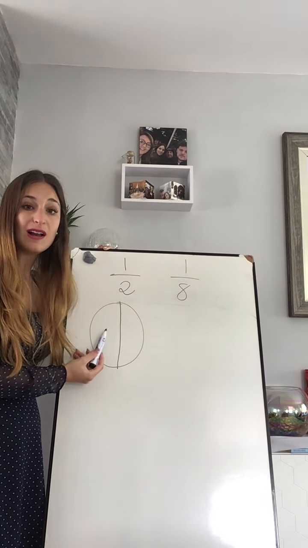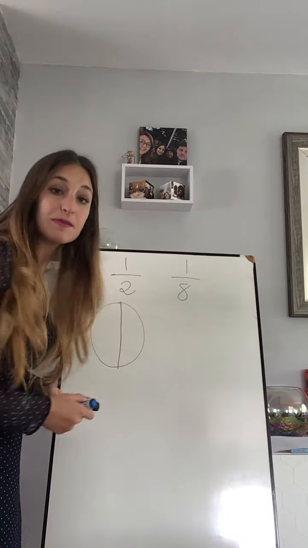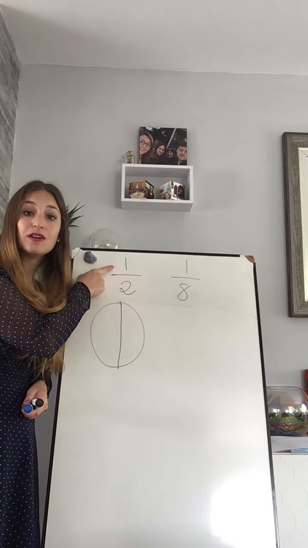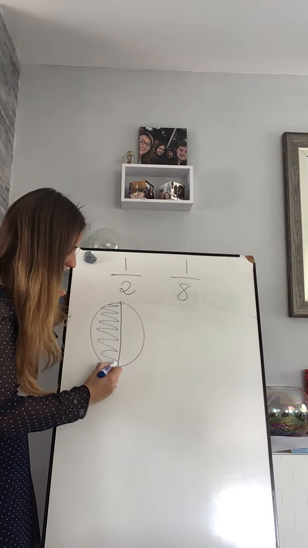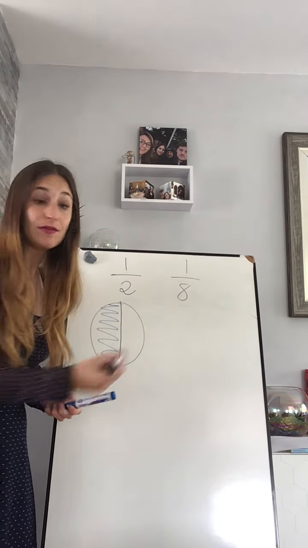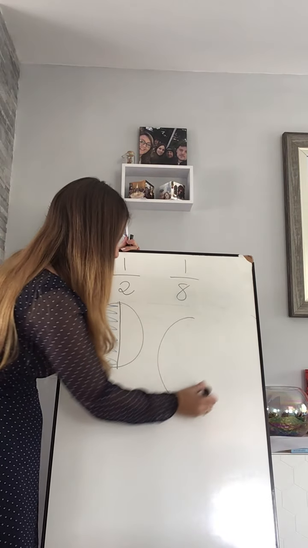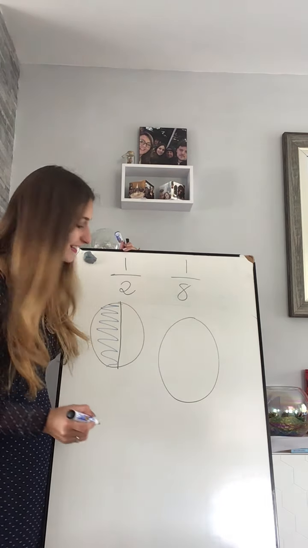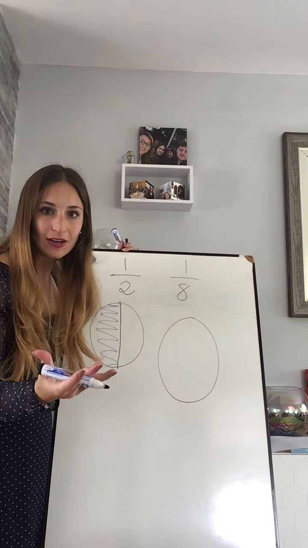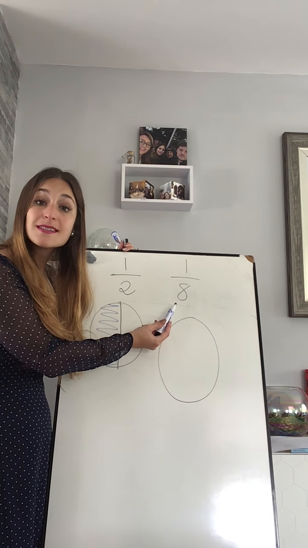So you can have 1/2 and another half. Now, I am taking how many bits? 1. I'm taking only 1. Now I have a same size pizza. I'm going to try to draw the same size pizza. It doesn't look the same size, but it is, okay? Imagine it. And then I'm cutting it in how many equal parts? 8.